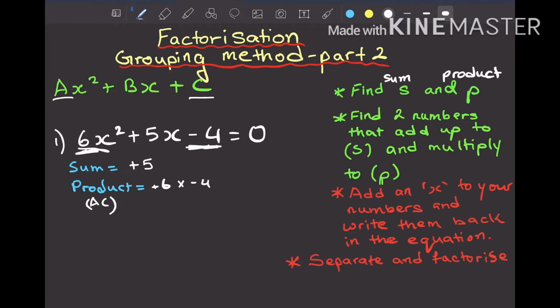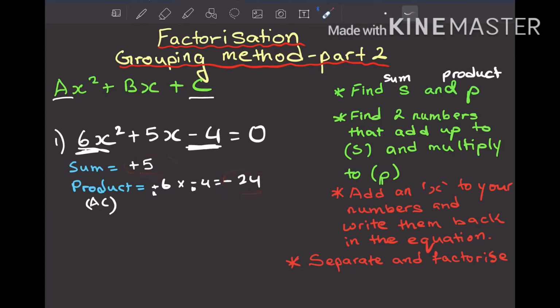As you can see, the 4 is not just a simple 4, it's a minus, so you have to write the minus. So which is plus times minus, so that will be minus 24. That's 6 times 4, so minus 24. So your sum number is a plus 5, and your product number is a minus 24.